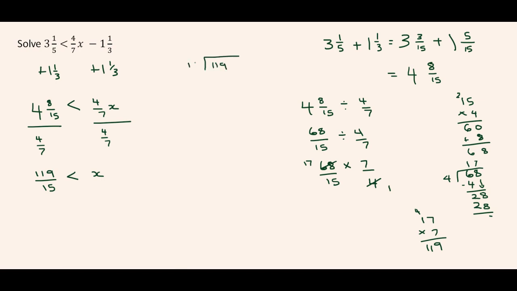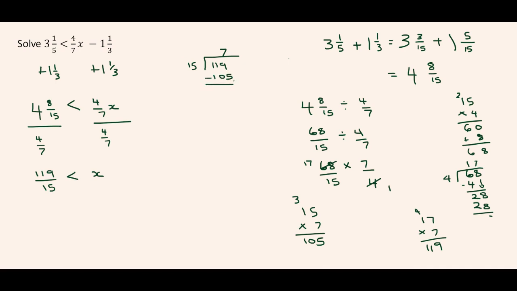So now 119 divided by 15, I believe this should give us 7. 15 multiplied by 7: 5 times 7 is 35, you write 5 and carry the 3. 1 times 7 is 7, plus 3 is 10. So this is 105.